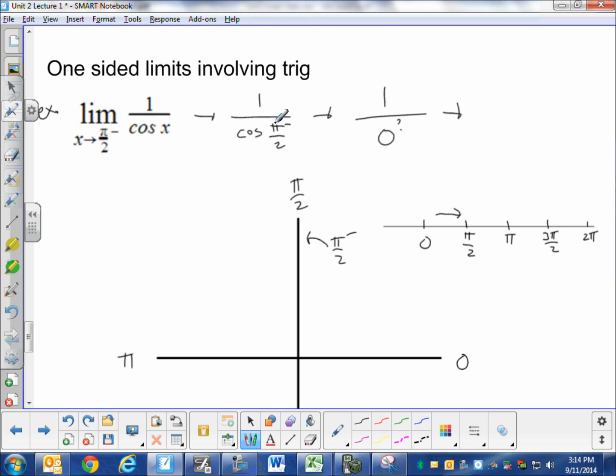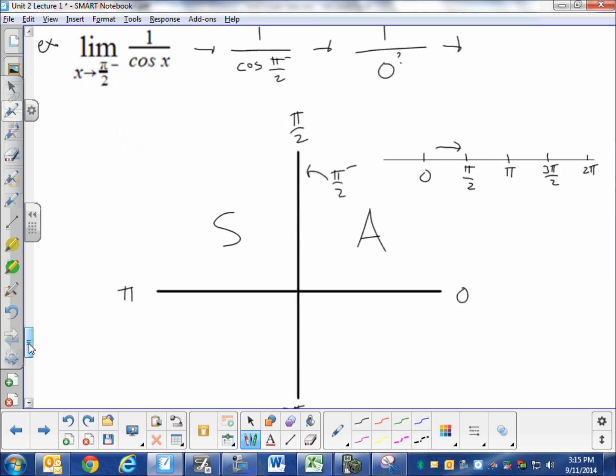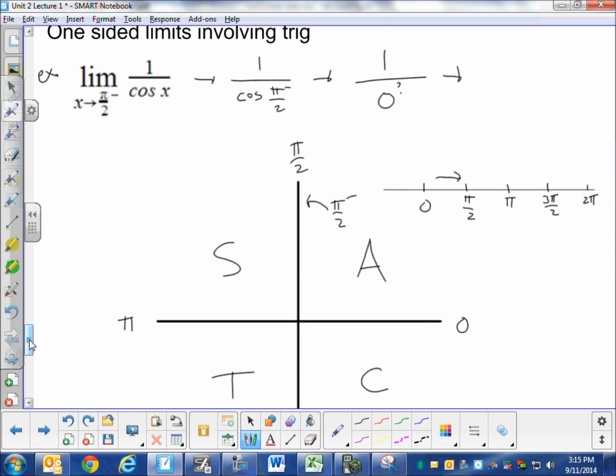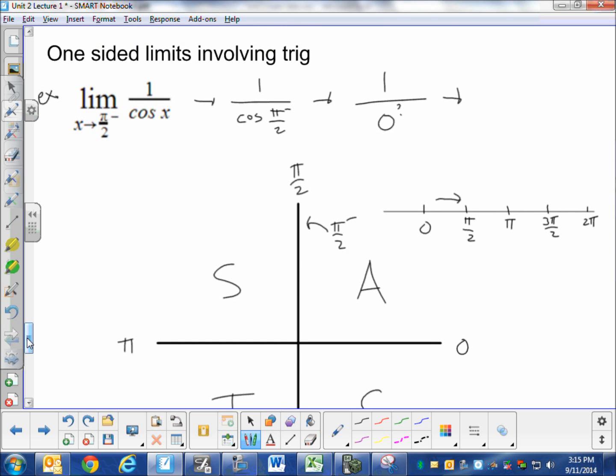So cosine of pi over 2 is 0. However, if I'm talking about pi over 2 from the left, I'm talking about cosine values in this first quadrant. Well, if we use this ASTC, the all students take calculus, this is going to help us as well. This tells us which trig functions are positive in which quadrants.